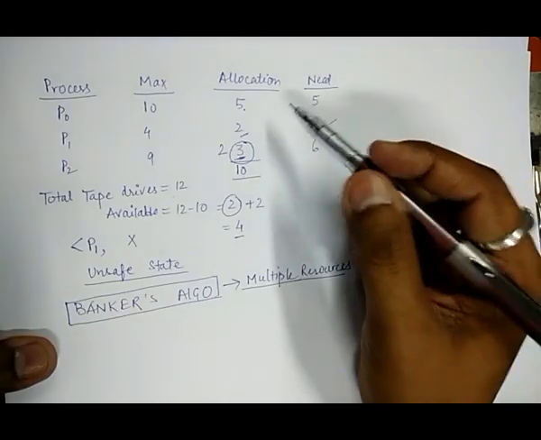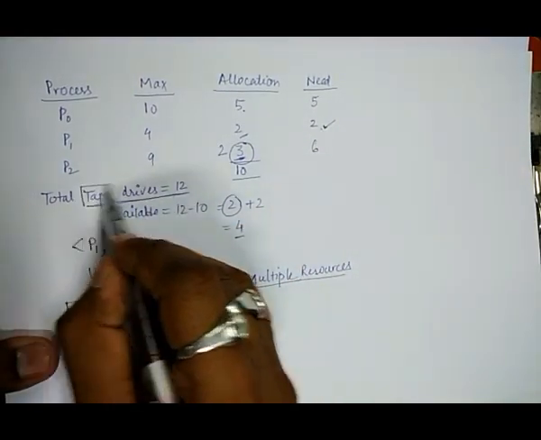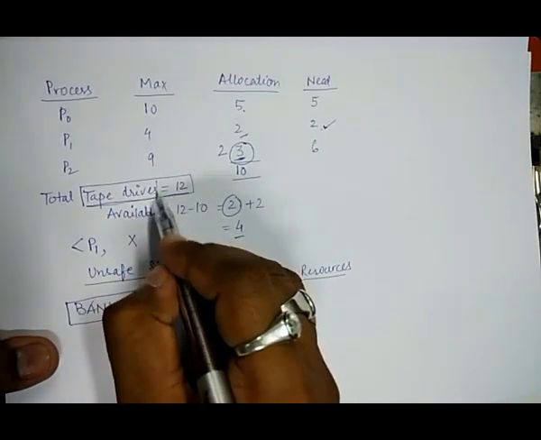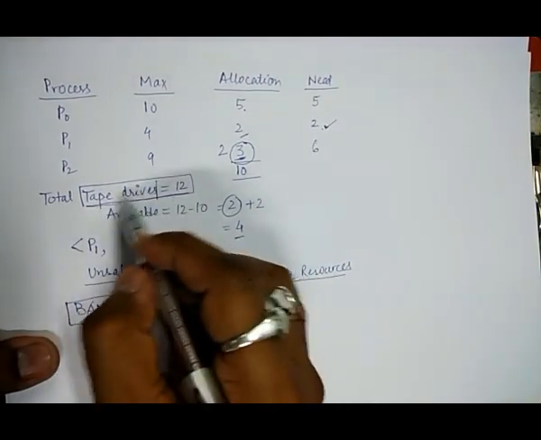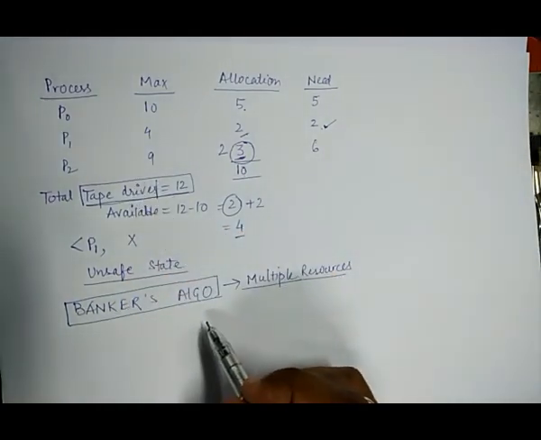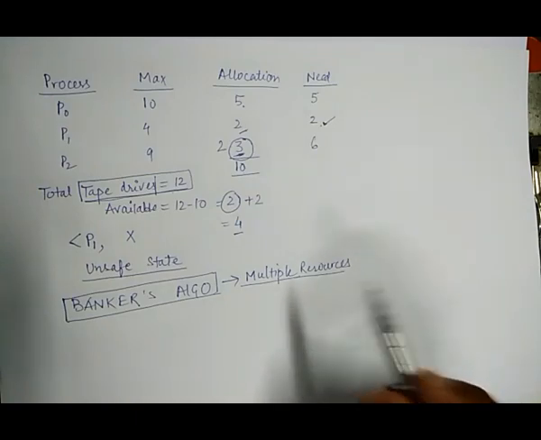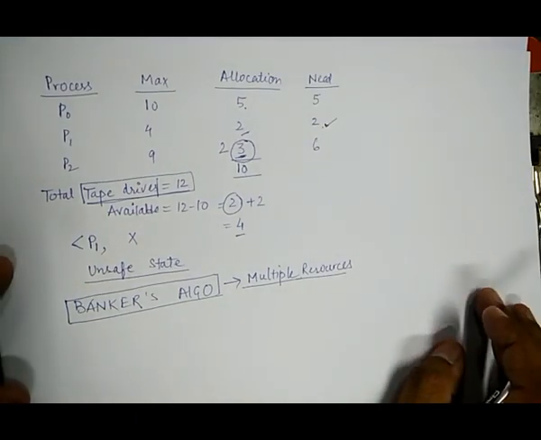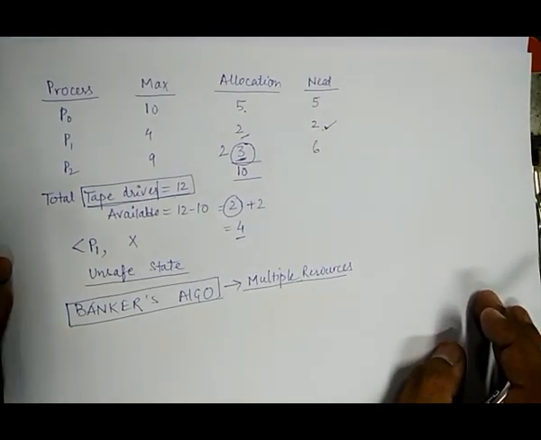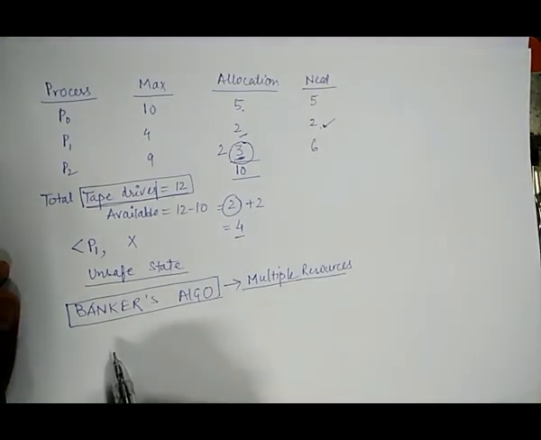Okay, as you can see in this example, we are only having one resource, that is a tape drive with 12 instances, but resource count is one only. So in Banker's algorithm, we will be having resource types R1, R2, R3 and so on. Okay, so that is all for now. In the next lecture, we'll be entering into its advanced part, which is called Banker's algorithm.